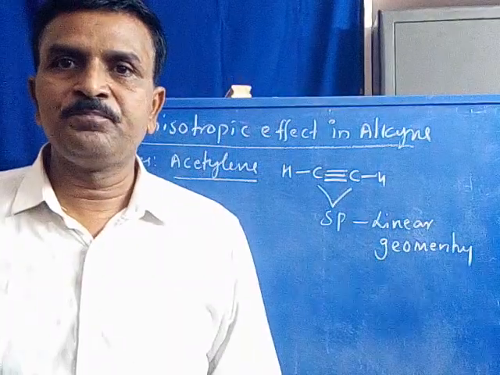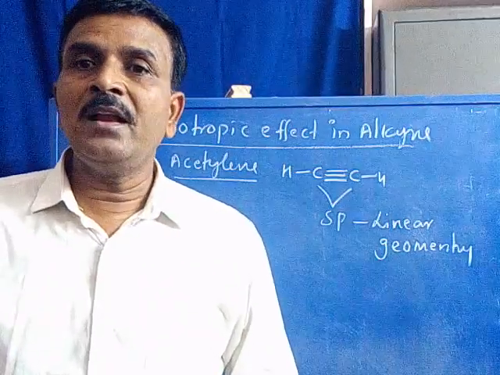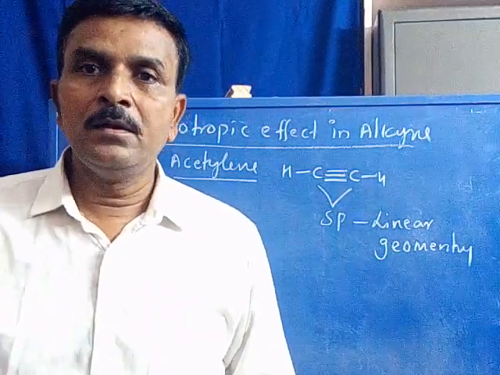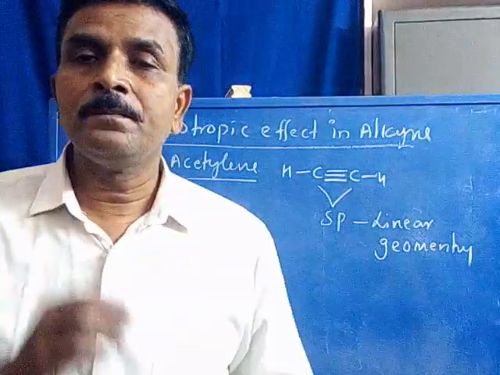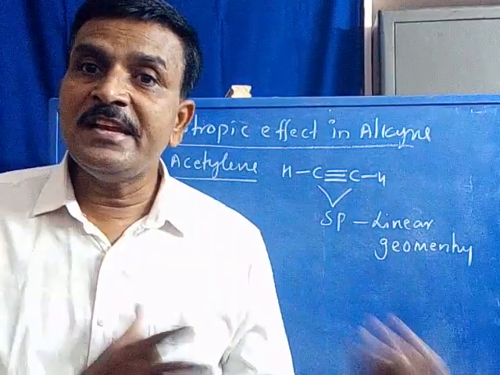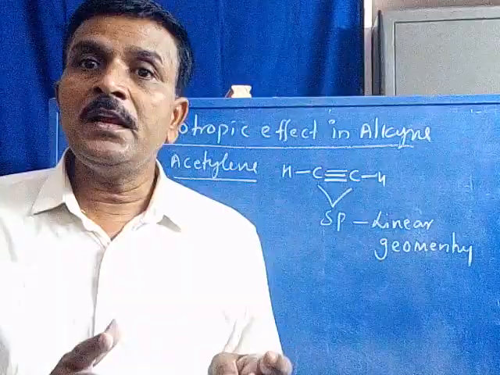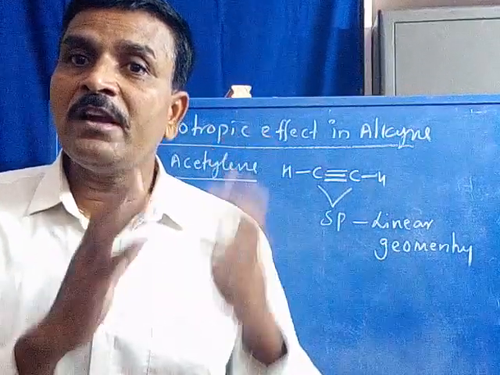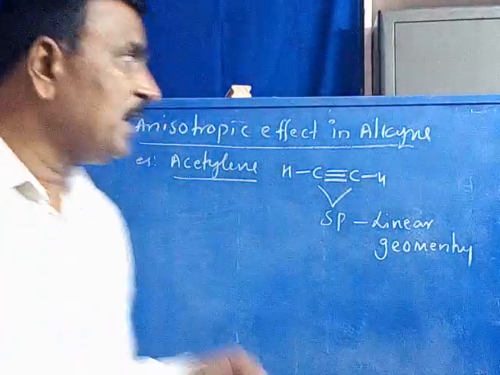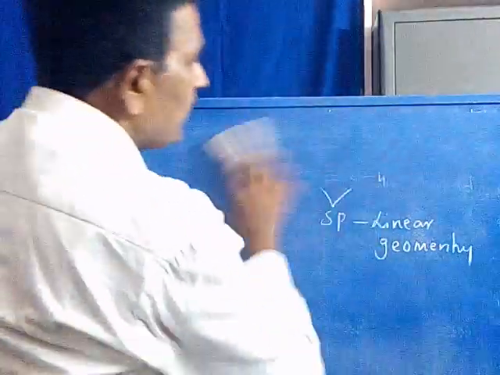Once the external magnetic field is applied to the alkyne, because of its linearity, the molecule is oriented in a vertical manner, or vertically oriented.